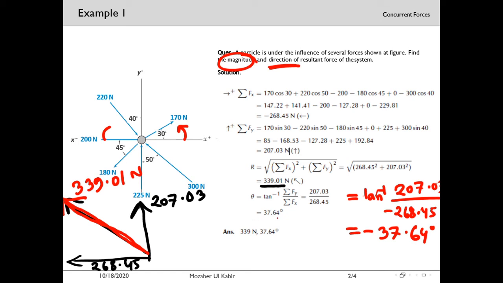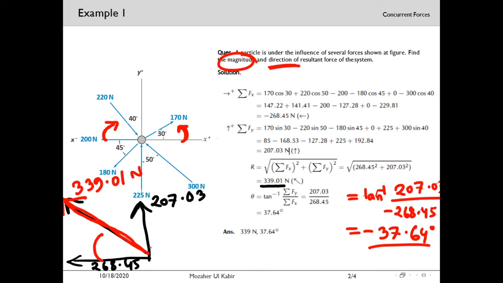If the angle is positive, we need to start from this direction, and if the angle comes as negative, we need to go in this direction. So here you can see the value has come as 37.64 degree. That means we need to move in this direction.